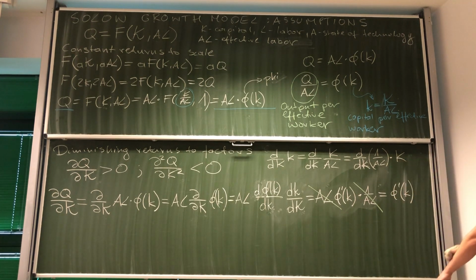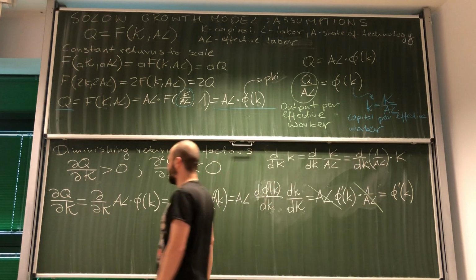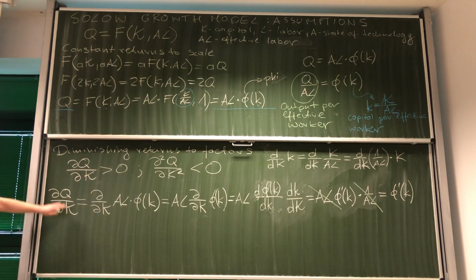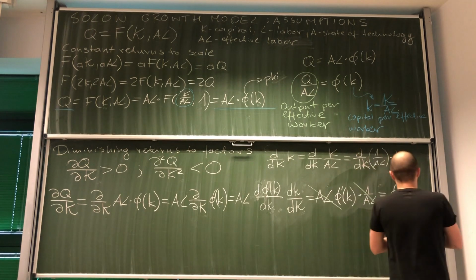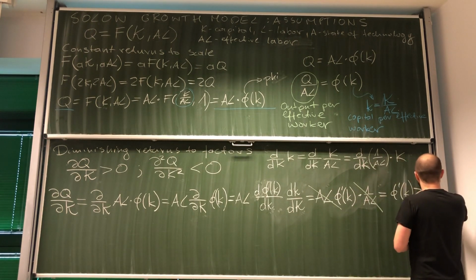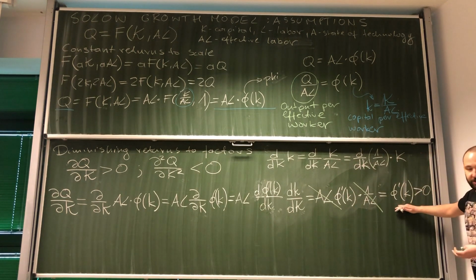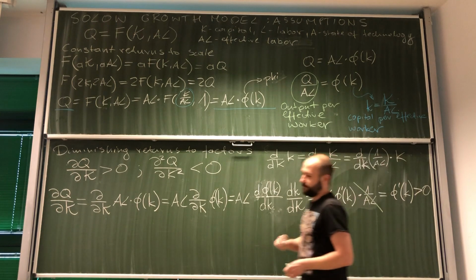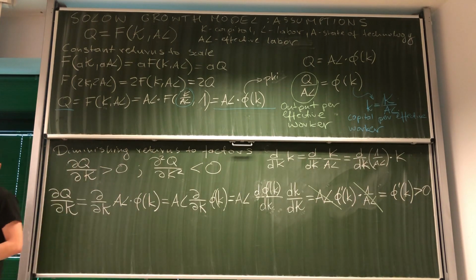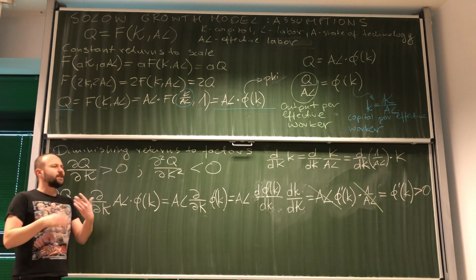Now, because we've assumed at the very beginning that this derivative is positive and this derivative is equal to this derivative, we can be sure that the first derivative of this function is positive as well.